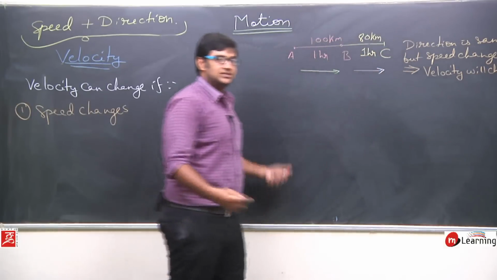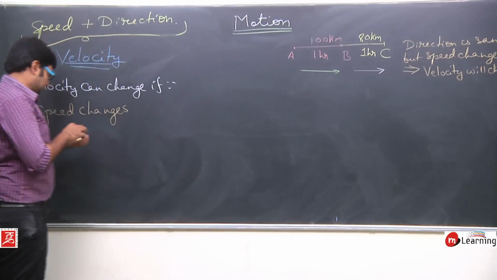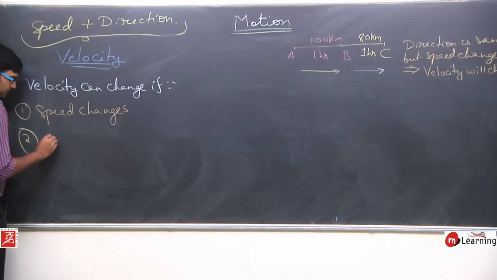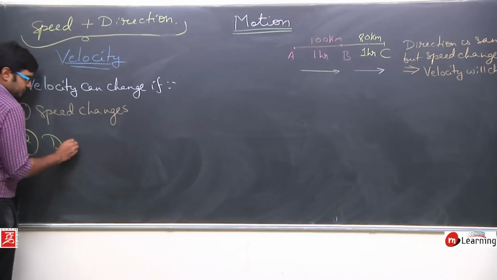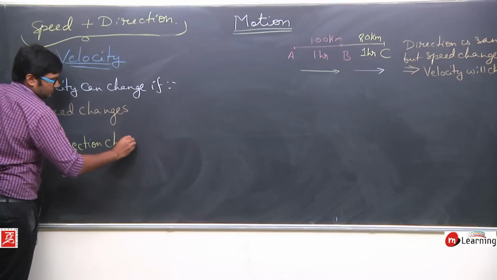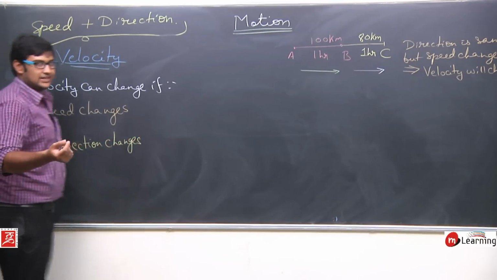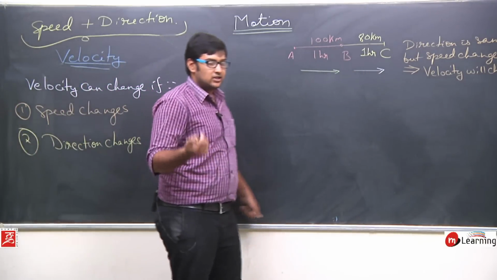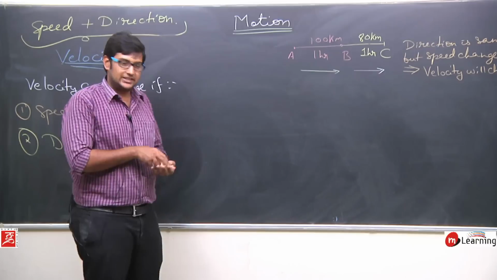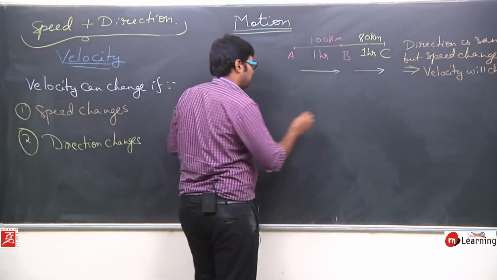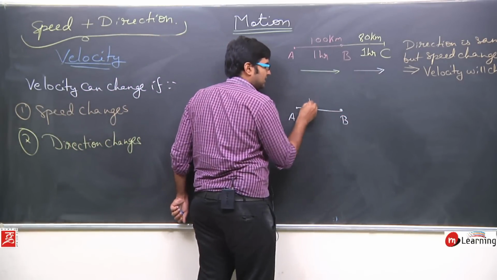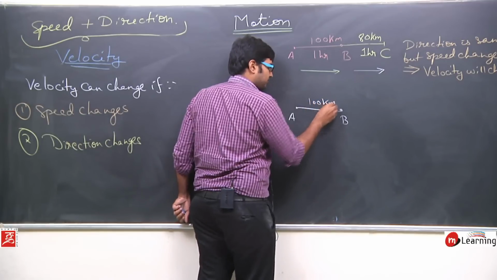Okay, velocity will change. And let's see in a second, how can velocity be changed? If the direction of a traveling object is changed, then the velocity is going to change. So for example, let's say I travel from A to B, that is 100 kilometers in 1 hour.